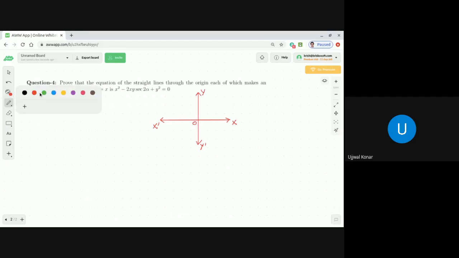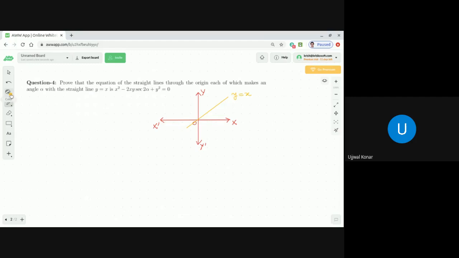So let us first draw the straight line y equal to x. So straight line y equal to x, dear students, it will be something like this. Let me draw properly. That is the equation y equal to x, right? Now we need to find the equation of the straight lines through origin, each of which makes an angle alpha with the straight line y equal to x.